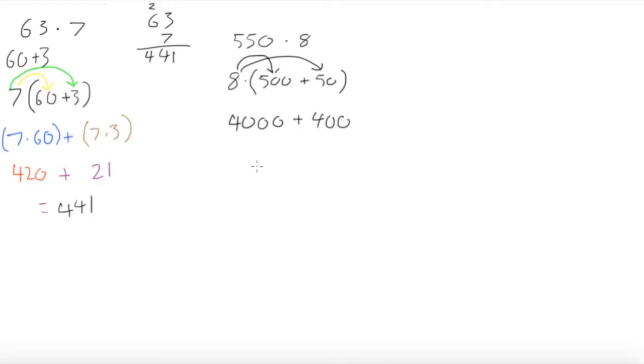So now we can see that this is 4,400. And if you can just do that in your brain, most people can do this a little bit easier than vertical. Or maybe I shouldn't say most people, but some people can. If you're one of the people that can do it the vertical way, then go ahead and do it that way. But this is just another way to get to the same destination.